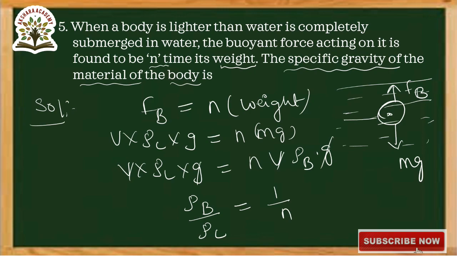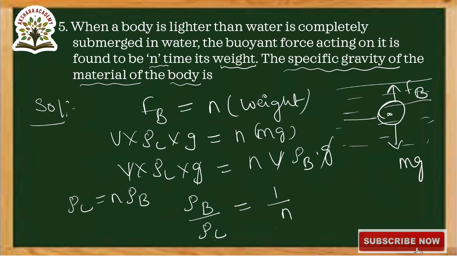Here V into rho L into G is equal to n into V into rho B into G. G gets cancelled, V gets cancelled. Here we are getting rho L is equal to n into rho B. Here we are finding the specific gravity of the material, that is the ratio of the density of the body to the density of the liquid, that is equal to 1 by n.